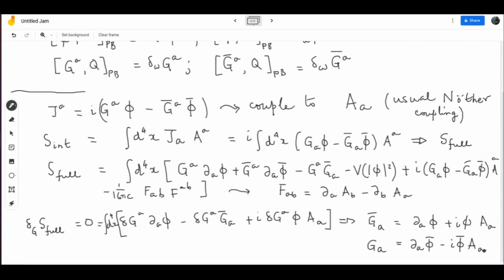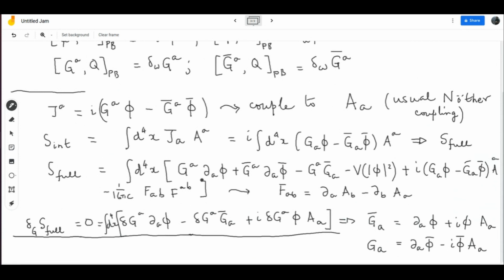Now you can also do the variations with respect to phi and phi bar. So let us try to do that. Those are non-trivial variations. Unfortunately this page is over, so maybe I should do the variation right here and write down the answer for you. These are not difficult calculations, right?